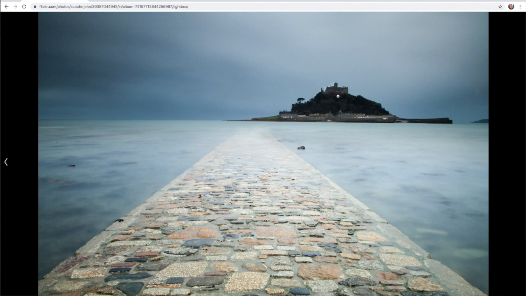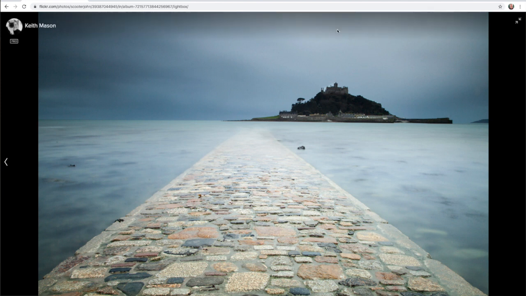And the final picture I want to show you today is St Michael's Mount in Cornwall. Very popular photography spot. This walkway is well photographed. However, here I've used leading lines through to the subject, which is St Michael's Mount itself.